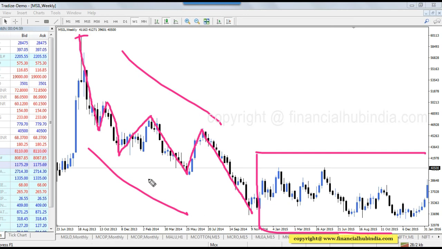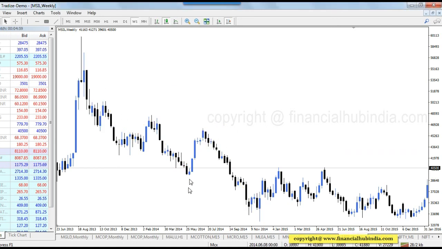So throughout this time frame, we were just making lower lows and lower highs with bigger down moves and smaller up moves. So impulse swing, corrective swing. Again an impulse swing, corrective swing. Impulse, corrective, impulse.